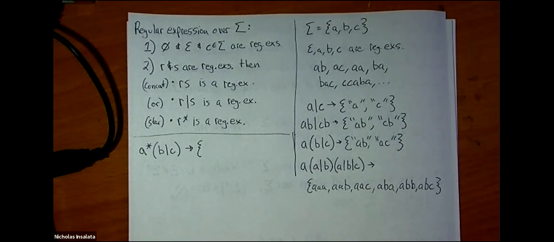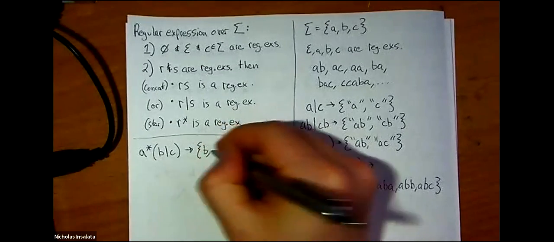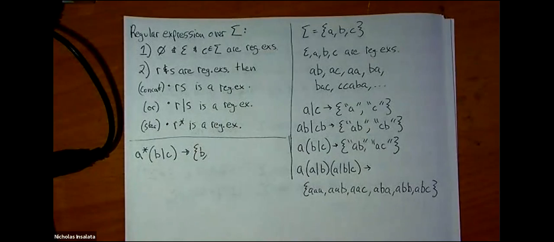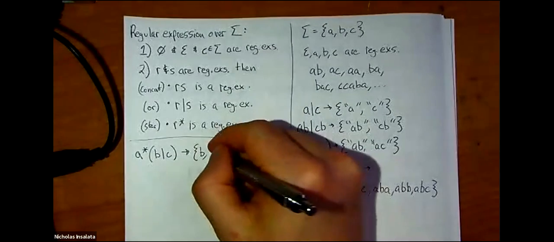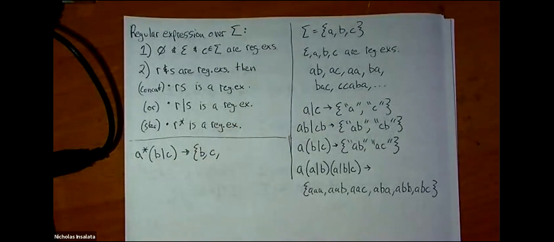So then what would be an example of one of the shortest strings in this language? B. Excellent. And what's the other one? C. Now let's do the length 2 strings. So what would those be? AB and AC.